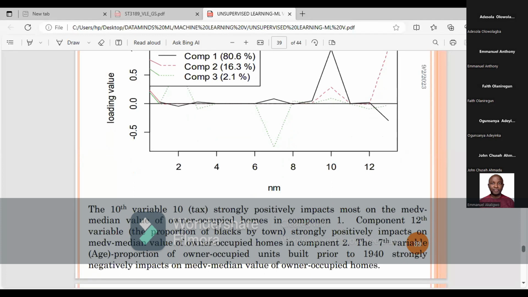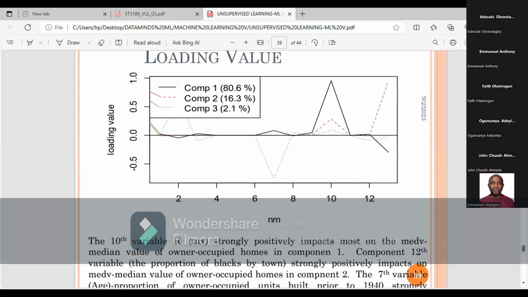Tax describes what happened to housing in Boston, in that particular place, and that is already giving us a component in variable 10. So in component 1, that variable is very important, and you can see it's as strong as close to 0.9, which is 90%.